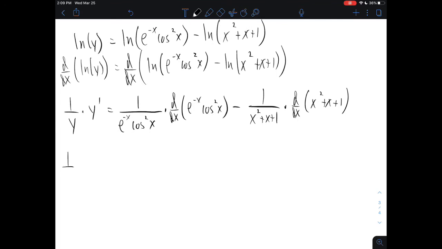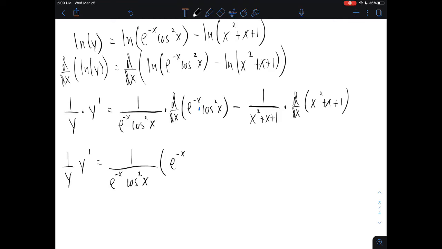So I have 1 over y times y prime on the left. On the right, I have my fraction 1 over e to the negative x cosine squared x. And then the derivative, notice this is a product there, e to the negative x times cosine squared x. So the first derivative that I would have, I'd have e to the negative x.